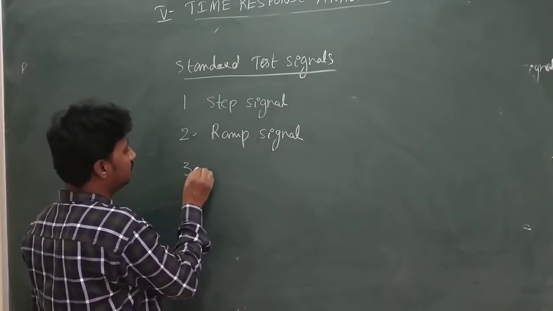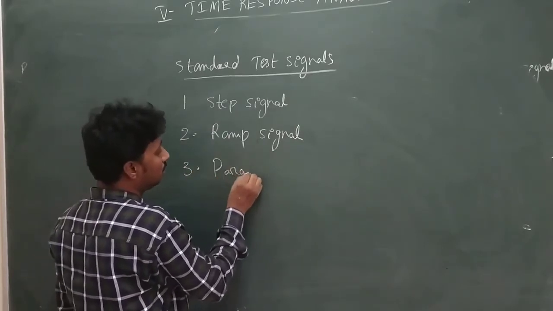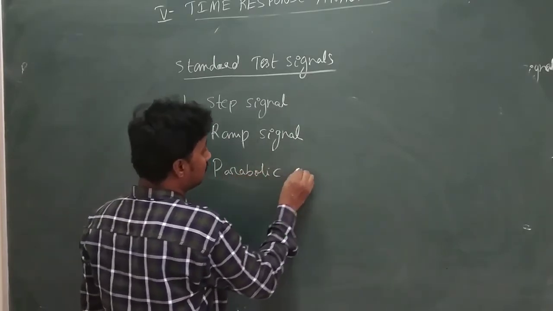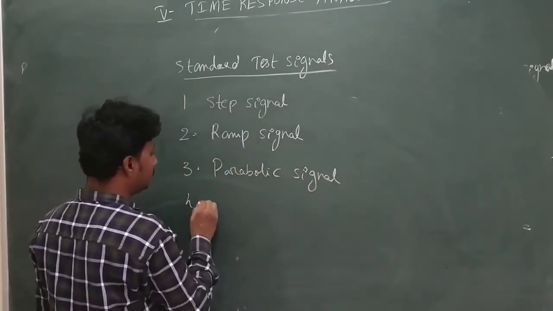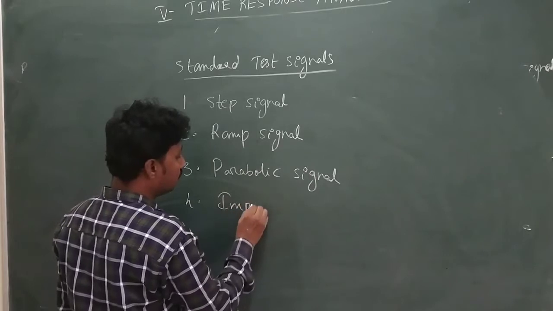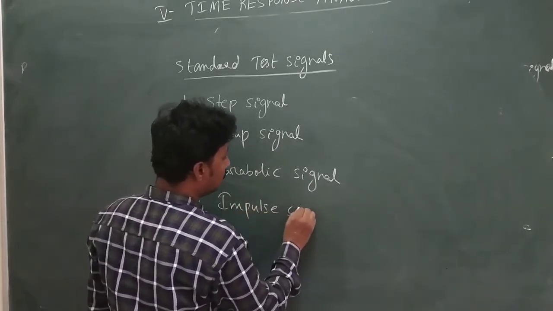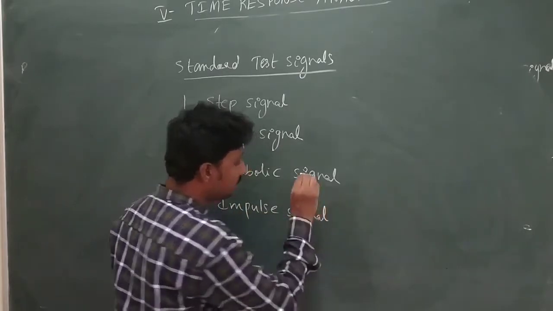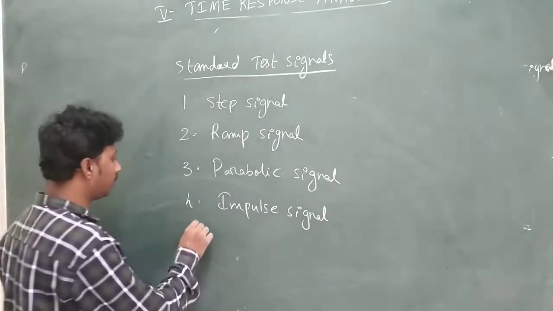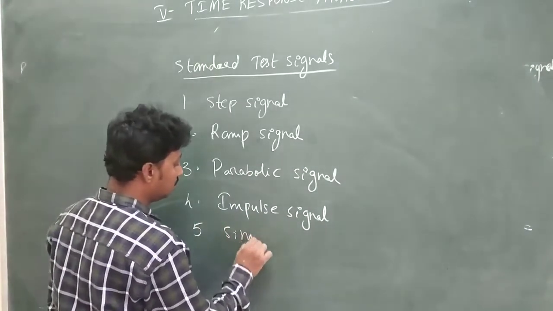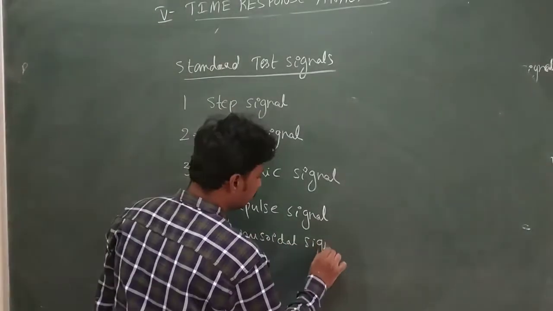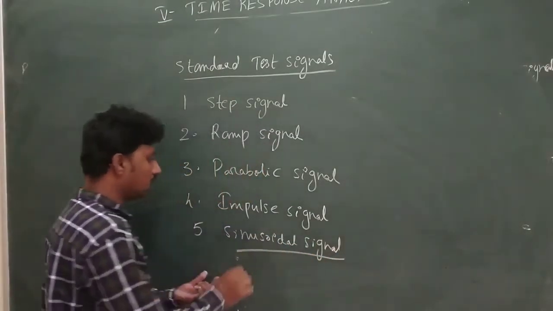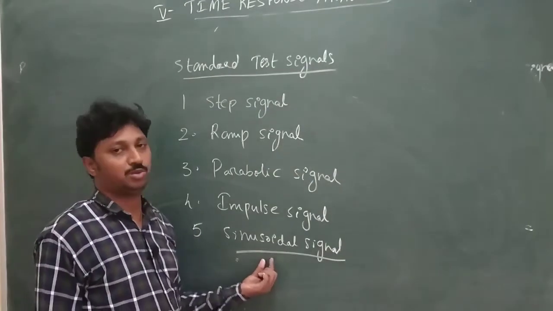And the third one is parabolic, and the fourth one is impulse signals. Of course, the fifth one is also sinusoidal signal. This you are going to study in frequency response analysis.